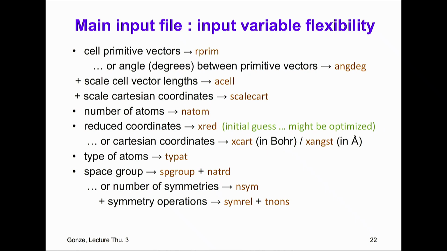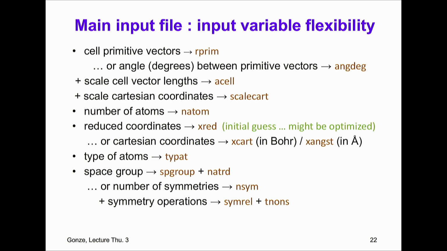And one can rescale these initial primitive vectors either by length or by scaling the Cartesian coordinates. Will become clear later. The atomic positions can be specified in reduced coordinates as well as in Cartesian coordinates. And the level of the symmetry of the system, that I will also show quickly, we have also different possibilities.